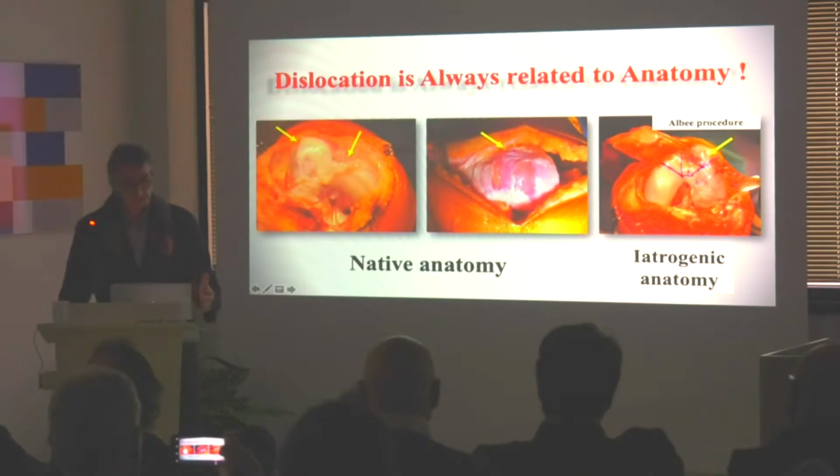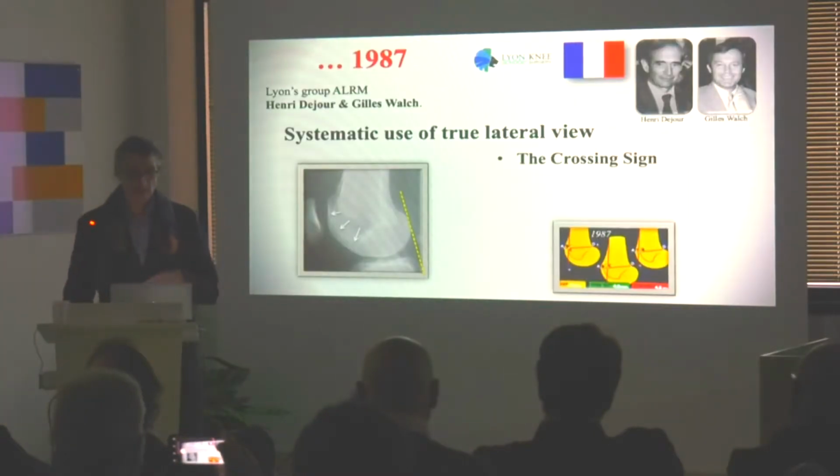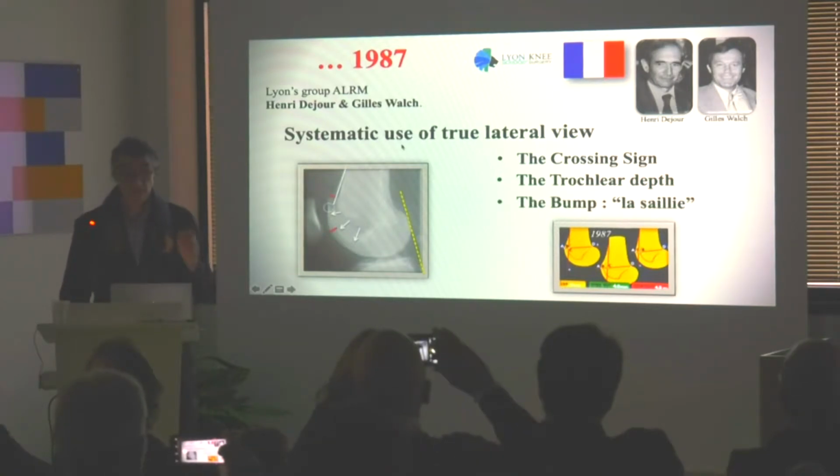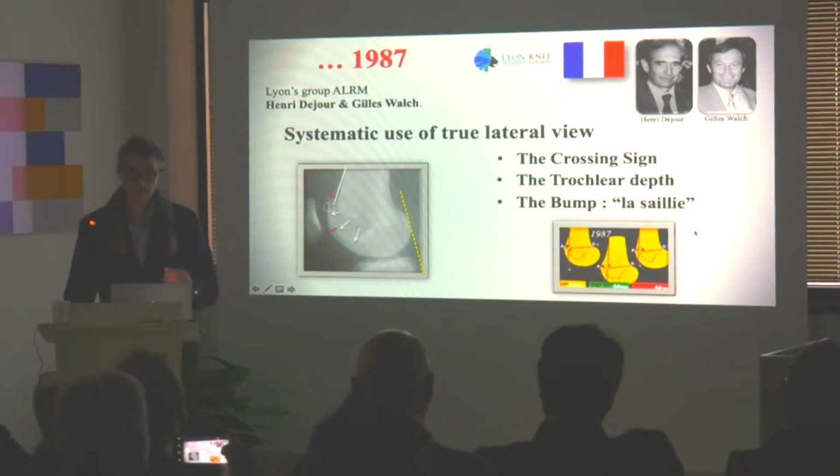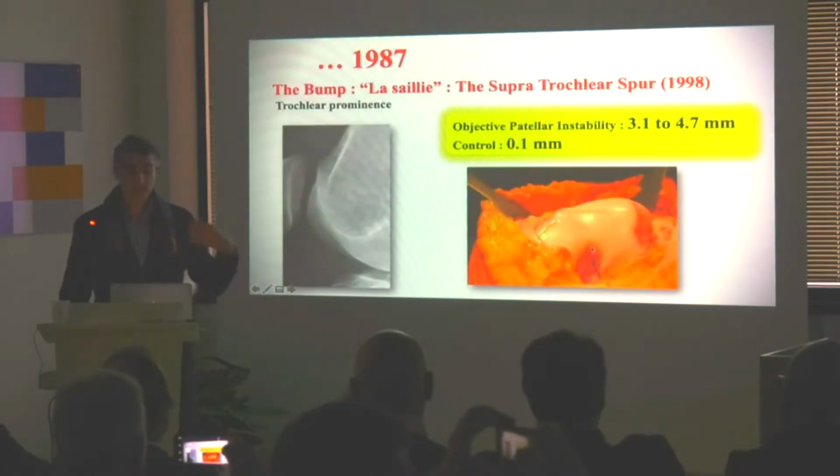And the indication for trochleoplasties is that indication. That's why I'm not talking about arthroscopic trochleoplasties, because this is impossible to do arthroscopically. So back to 1987. They found that because they started to use a systematic true lateral view, and they have seen the crossing sign, the depth of the trochlea, and the bump, la saillie in French. And this is very important, and this is the first classification of the trochlear dysplasia.